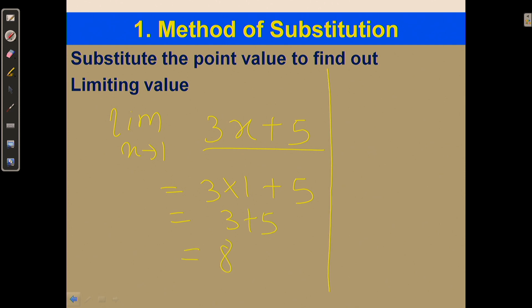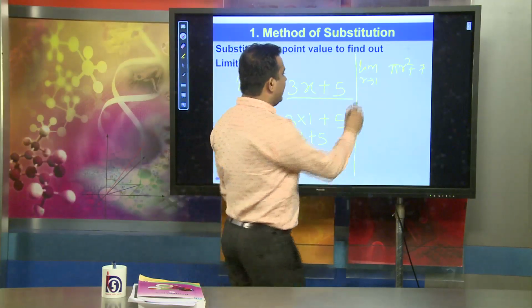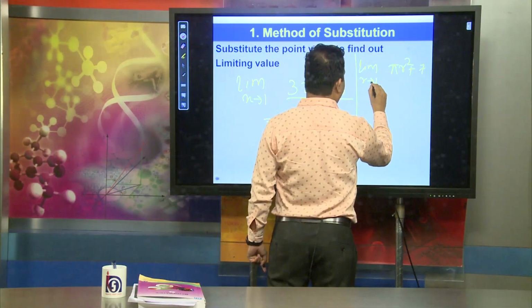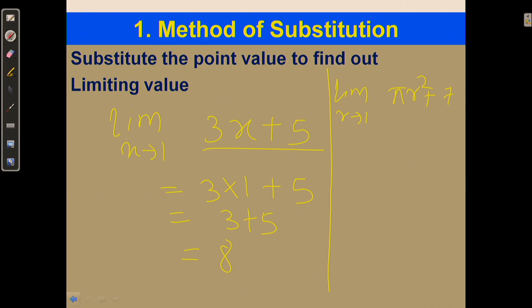Suppose another example, the limit as r tends to 1 of pi r square plus 7. You see, pi r square plus 7. What will you get when r tends to 1? We know that the value of pi is 22 by 7, multiplied by r whole square, that means 1 whole square, plus 7, that means 22 by 7 plus 7.